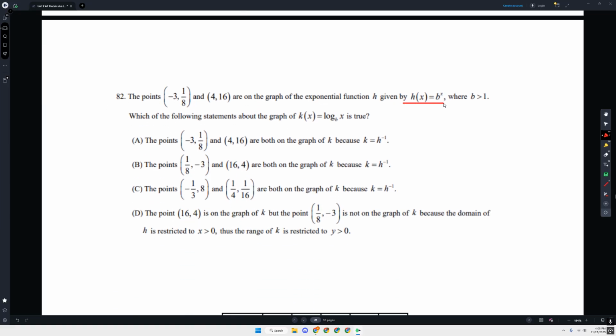From there, we have our exponential and we have a log. And if we remember, exponentials and logs are inverses of each other, which means we have to flip our x and the y values. So we're going to flip the x and the y values. So it would be 1/8 and negative thirds. So it would be b, and 16 and 4.